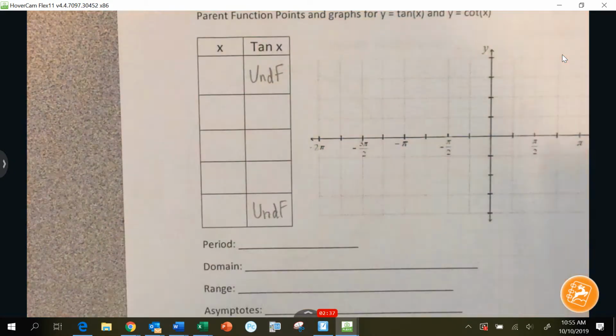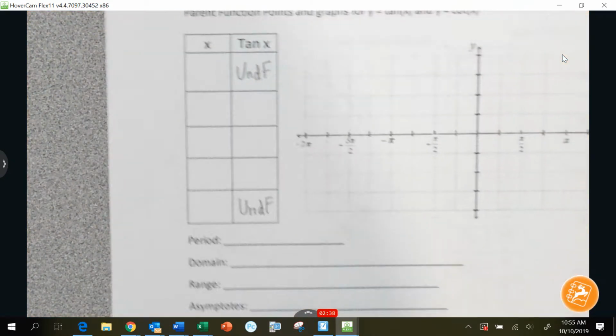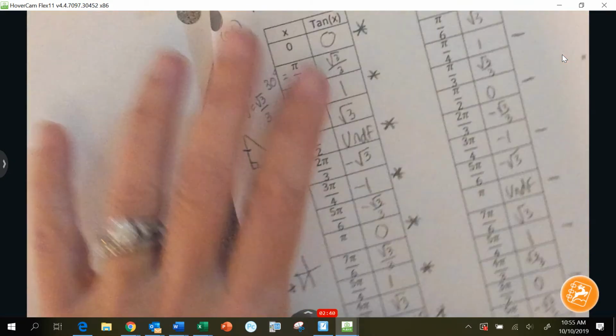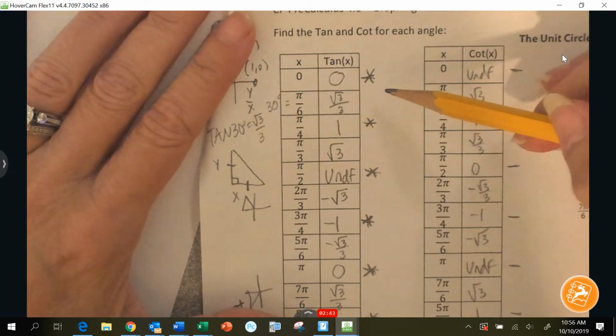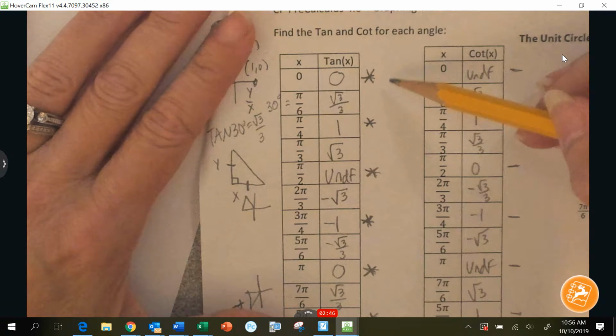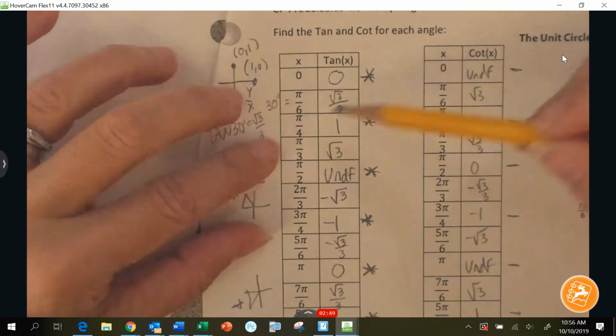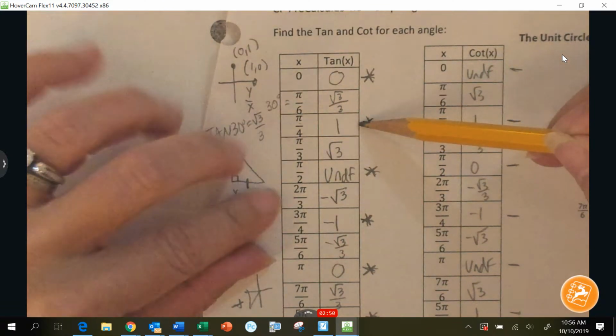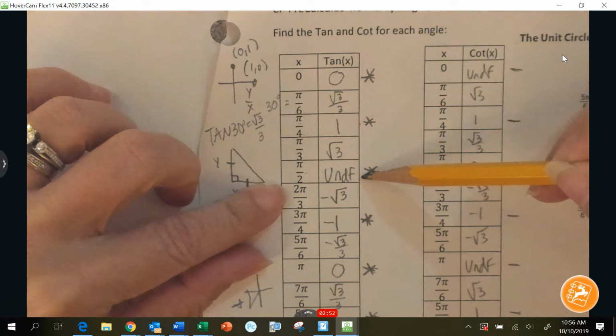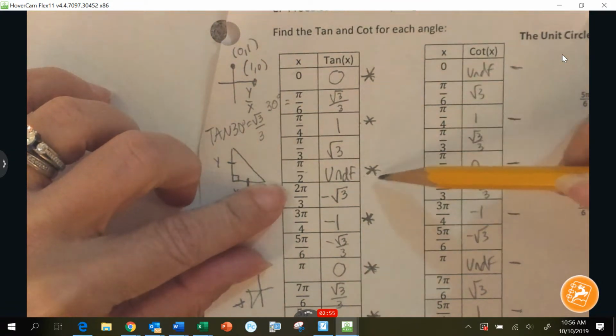We had the asymptotes, we graphed in between them. So when I look for where my asymptotes are, my very first point is not at an asymptote. My first point at 0 is 0. Then pi over 4 is 1. And pi over 2 is undefined. So here's an asymptote.